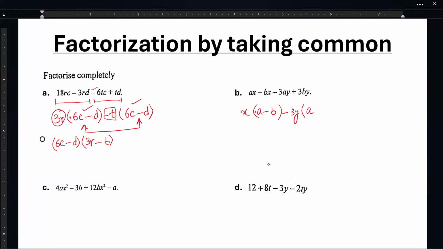Similarly, when I take common 3y along with the minus sign, the sign is going to be changed and it's going to be a minus c. Now you observe the two brackets are the same. Yes, that's the main turning point. If the two brackets are the same, it means your factorization is on track.